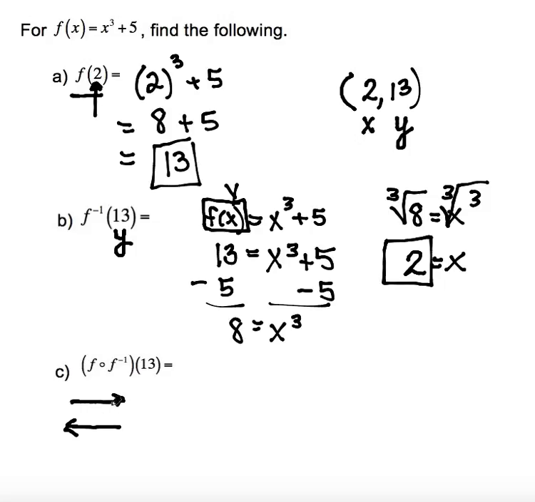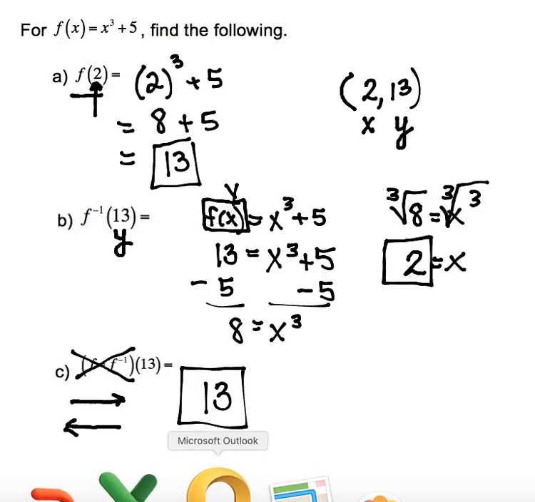So basically they're undoing each other. So when you see this f of f inverse, you can think of it as them undoing each other. So the answer is simply just 13.